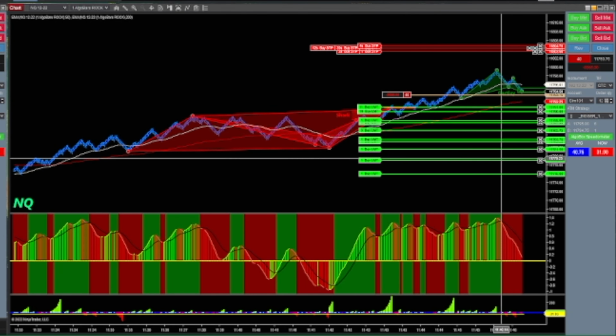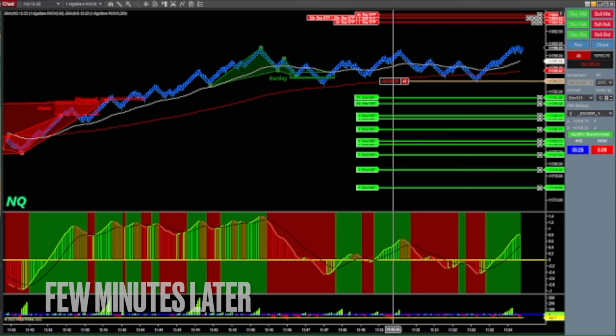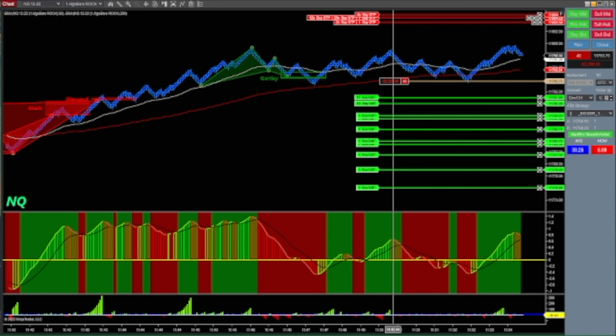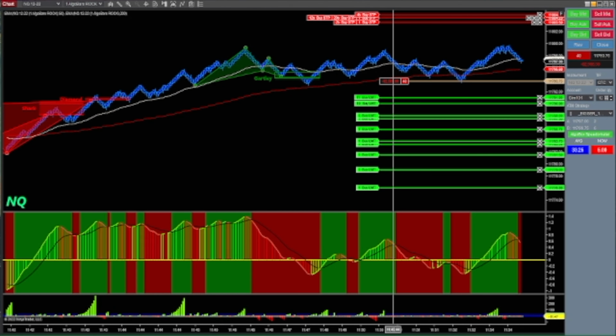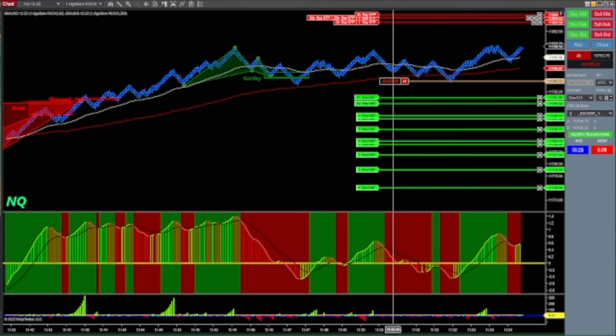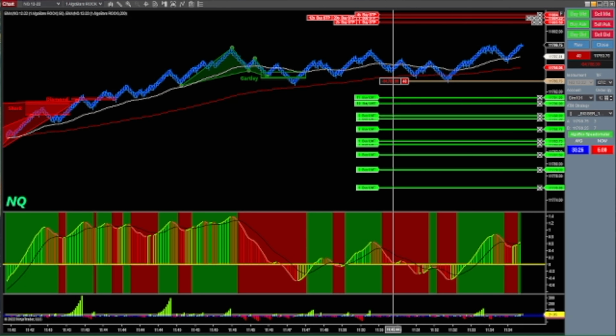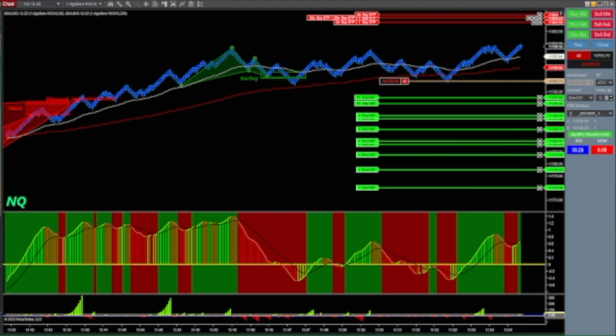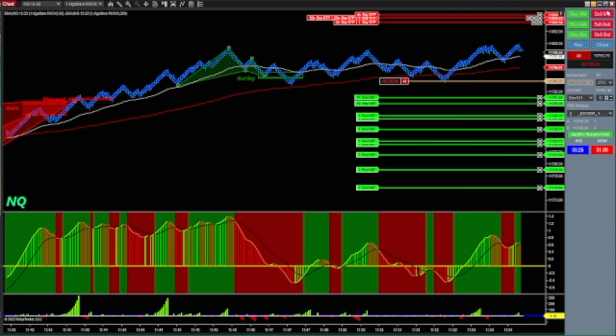Seems to be some traders trapped on the volumetric there. Short, Ether, MACD Tide. Delta buy building.